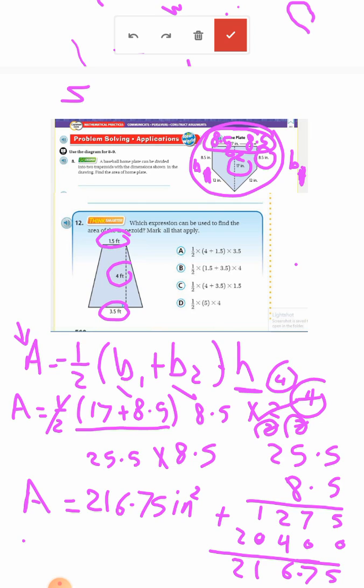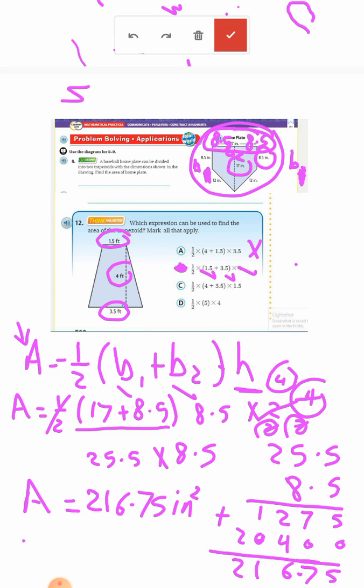So let's check letter A. Half B1 is 1.5. No, this is the height, so this one is wrong. Check letter B. We have half, base 1 excellent, base 2 excellent, multiply height. So we are going to mark letter B.